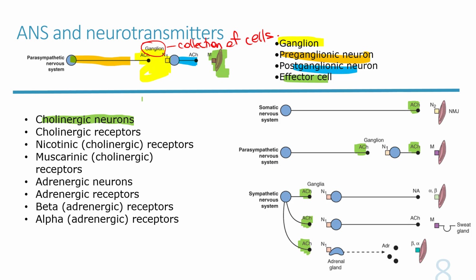All preganglionic neurons are cholinergic, and the postganglionic neuron in the parasympathetic nervous system is also cholinergic.